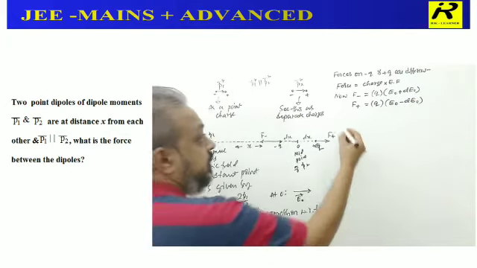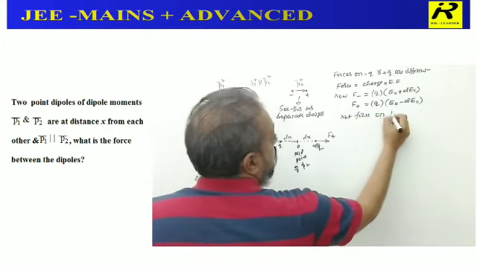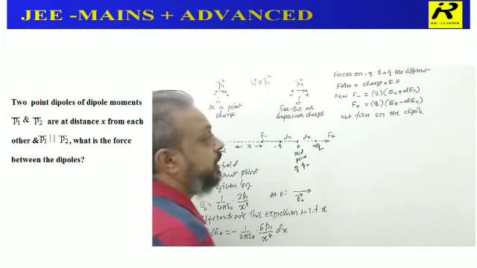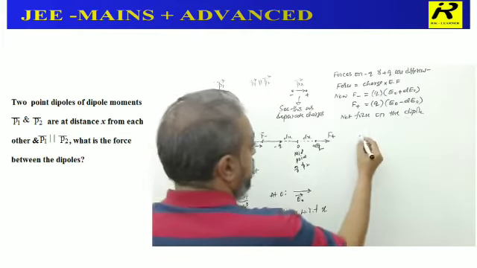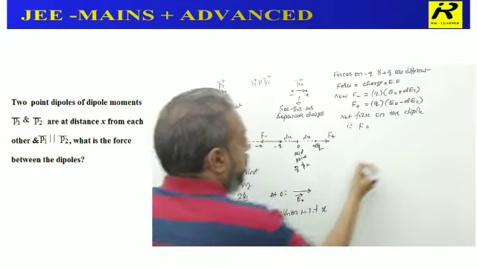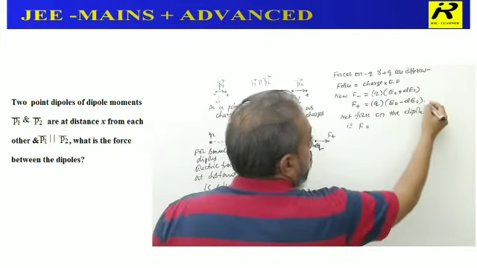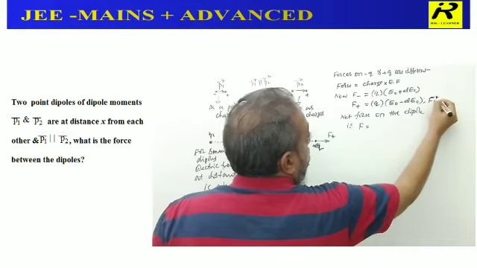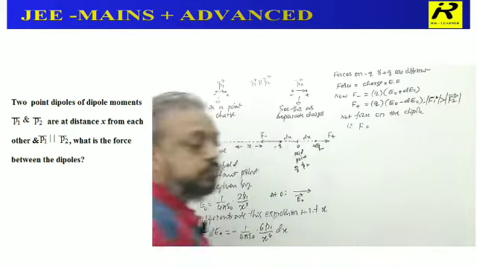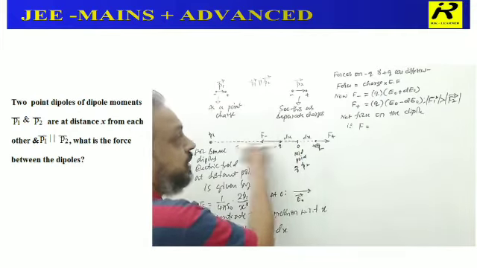So, now we have to find the net force on the dipole. That is what I need finally, net force on the dipole. So, that is F equals F minus and F plus. One thing you must know, the magnitude of F1 is greater than the magnitude of F2. So, F1 is more, and that means F minus is more.